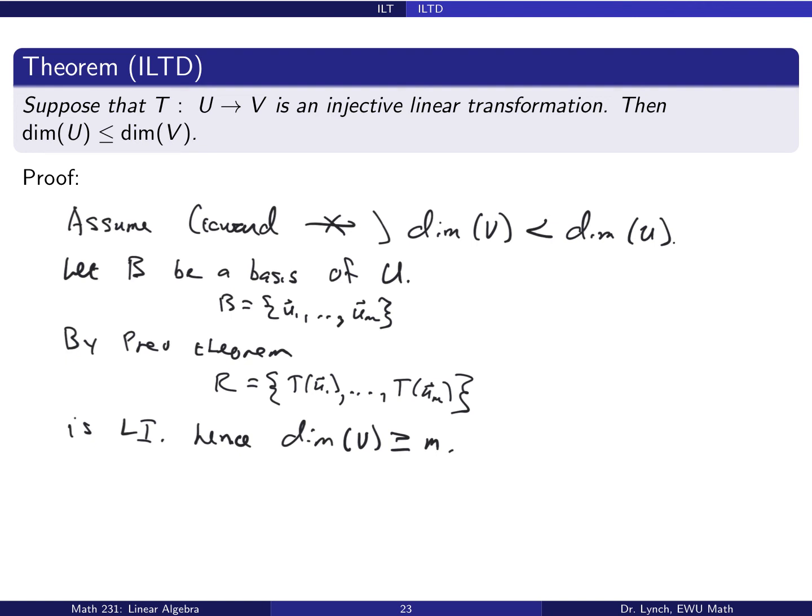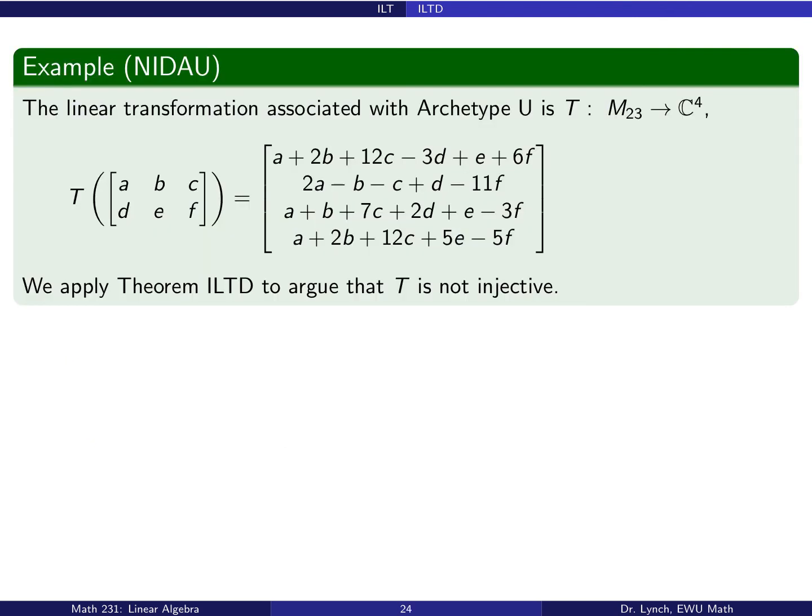Okay, so the take-home message here is that looking at dimensions between domain and codomain can give us a quick test for not injective. Here's an example. We see that the dimension of the domain is 6. The dimension of the codomain is 4.